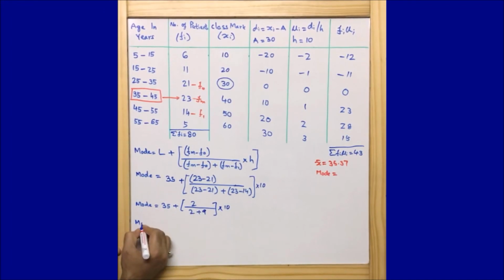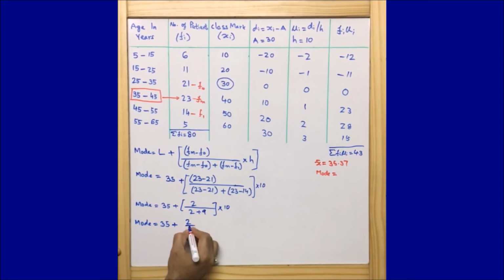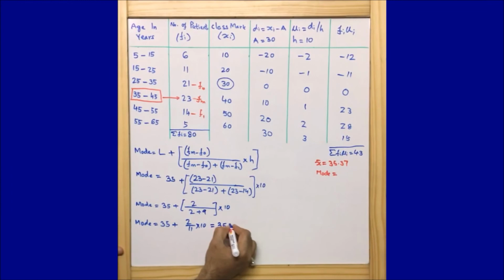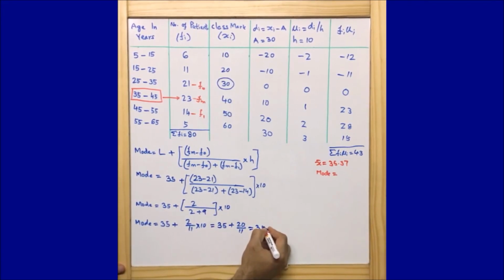Or I can write mode is equal to 35 plus 2 by 11 into 10, which is 35 plus 20 by 11. 20 upon 11 is 1.818.